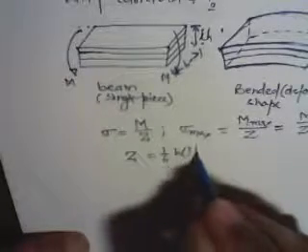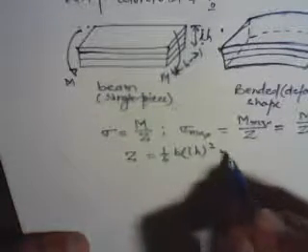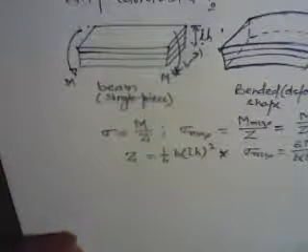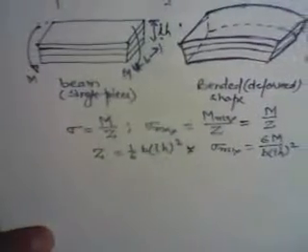H here is I into H, so we will write I into H square. So sigma maximum is equal to 6M divided by B I into H whole square.